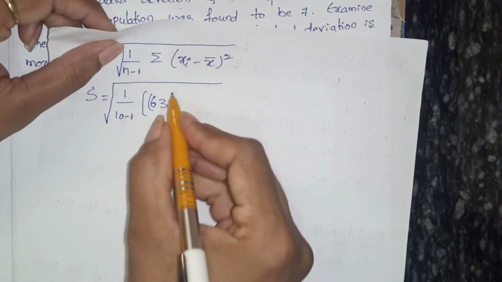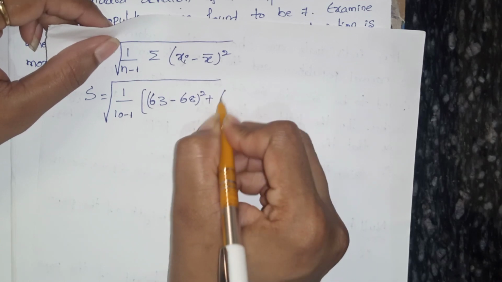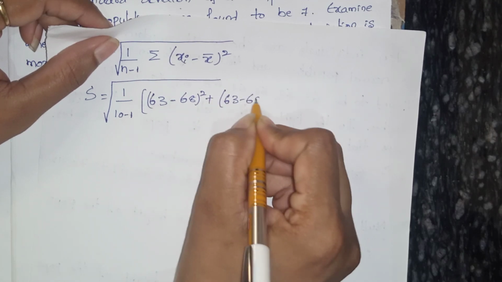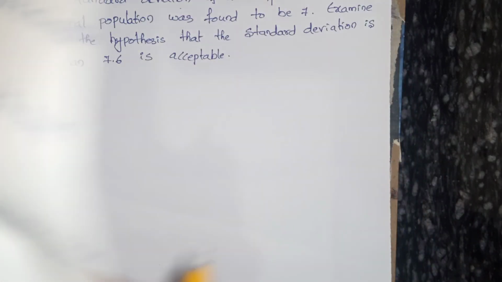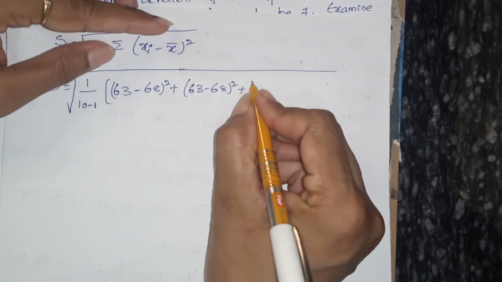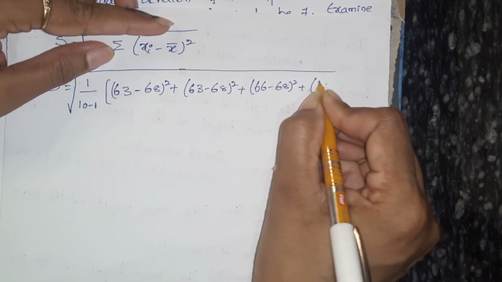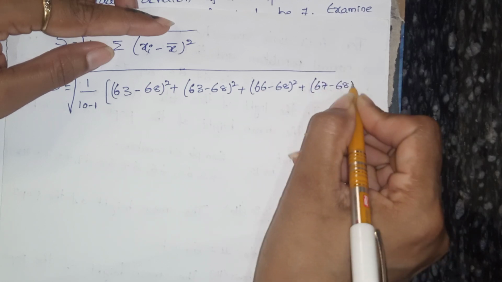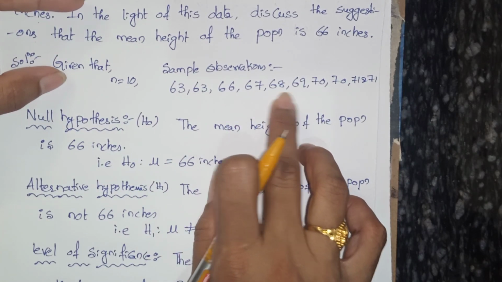So 63 minus 68 whole square plus again 63 minus 68 whole square plus 66 and the next is 67. So 66 minus 68 whole square plus 67 minus 68 whole square plus 68, 69.